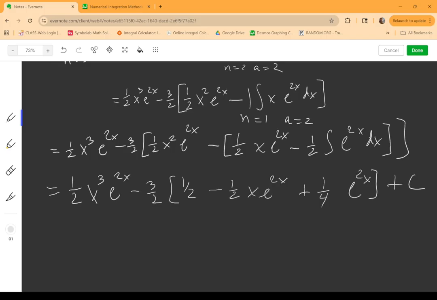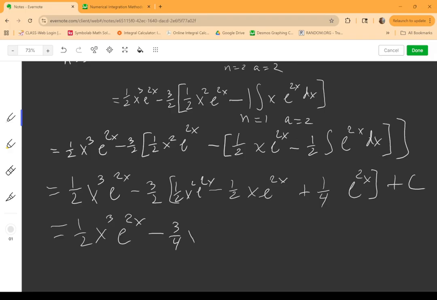And now let me drop that last parenthesis here and really distribute that negative 3/2. So 1/2 x cubed e to the 2x minus 3/4, oh, I dropped something here, 1/2 x squared e to the 2x.